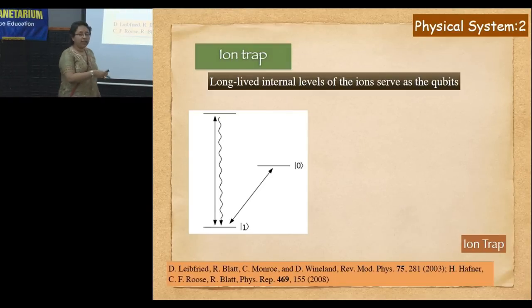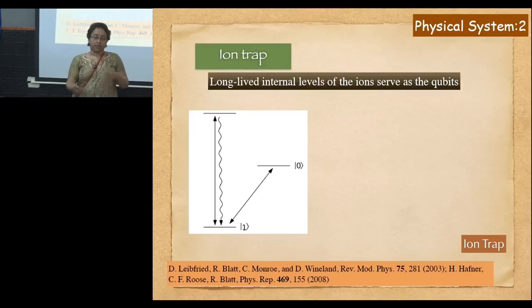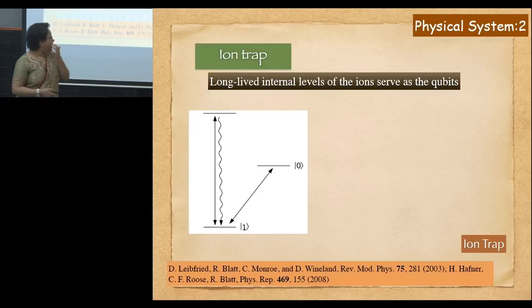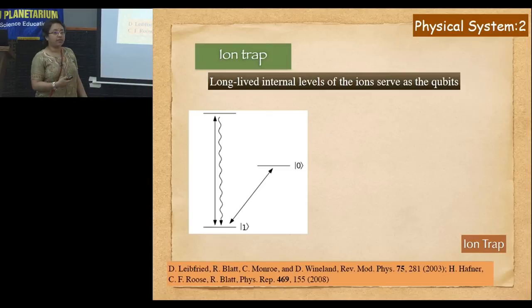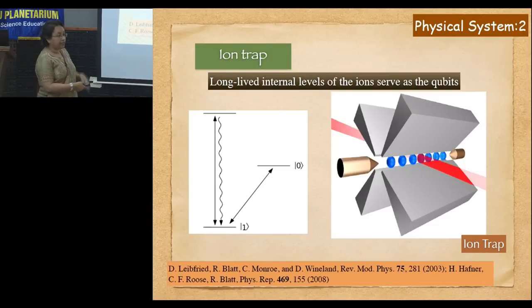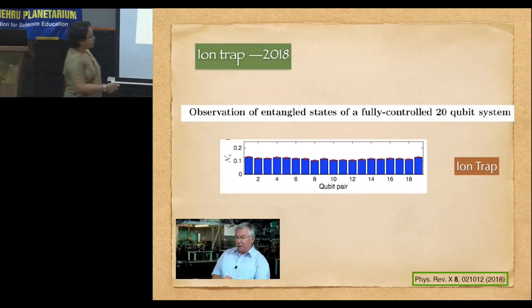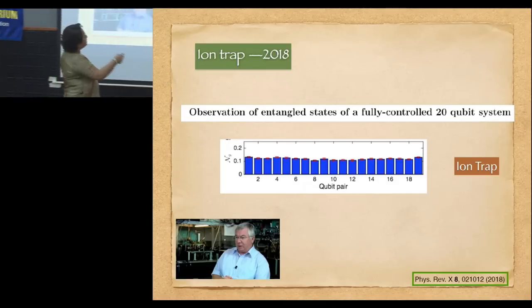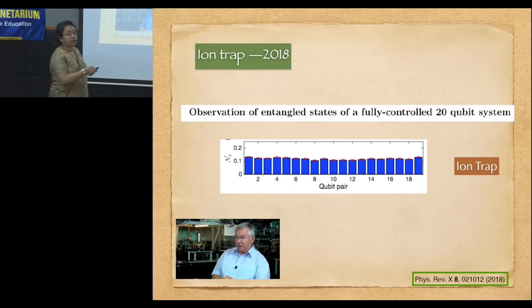Not only the physical system of photons, but by using ions one can also do experiments. For example, the internal levels of ions can serve as qubits, and they can trap ions and do certain experiments. As far as I know, the highest number of qubits they can entangle in an ion trap is 20 qubits.